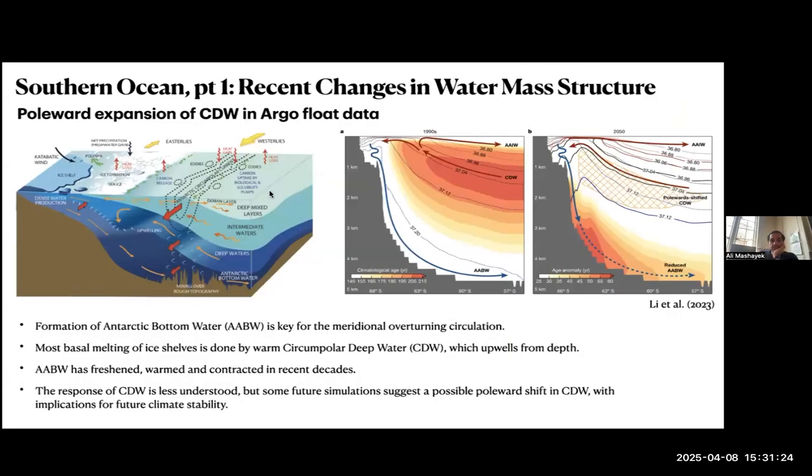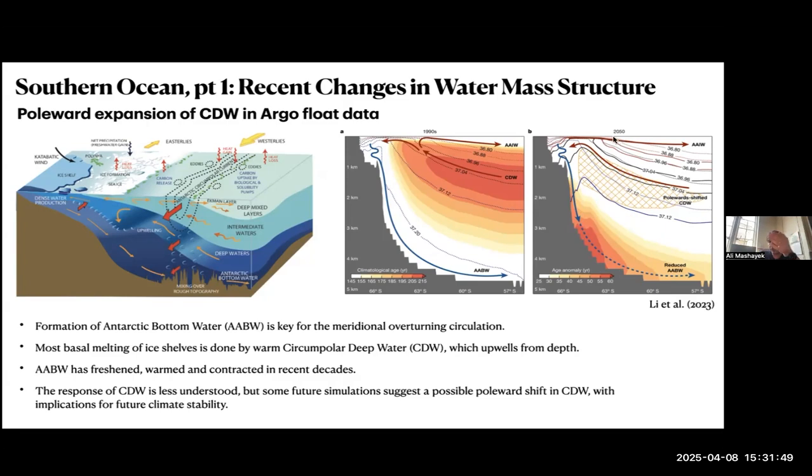Now, digging a bit deeper into the recent changes in Antarctica. So this is from Lee et al. And the color is the age anomaly. So this basically points out that the lower branch of circulation in their model is slowing down.